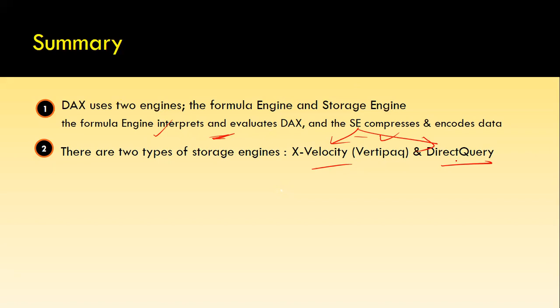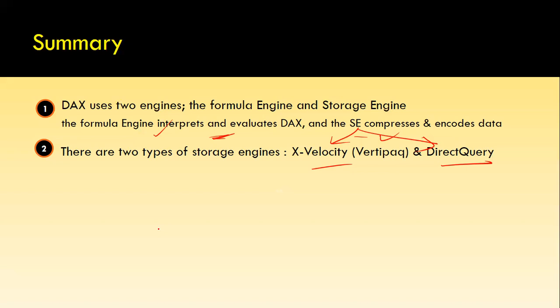Let's say, for example, you are using SQL Server. The query plan will be sent directly to your SQL Server. It is not doing any compressing or the like. The query will be fired on your SQL Server, and the output will be sent back to your formula engine. The formula engine in turn passes the data to your visual. Supposing you have used that measure in your visual, it will get populated there.